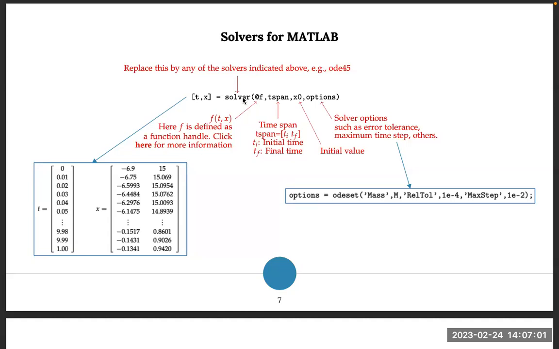So as you can see, we're going to use our solver. Instead of using the word solver in MATLAB, we're going to use ode45, ode113, or ode15s, or whatever. The @f means that we have a function defined in MATLAB that contains the differential equations here. That's what it means.